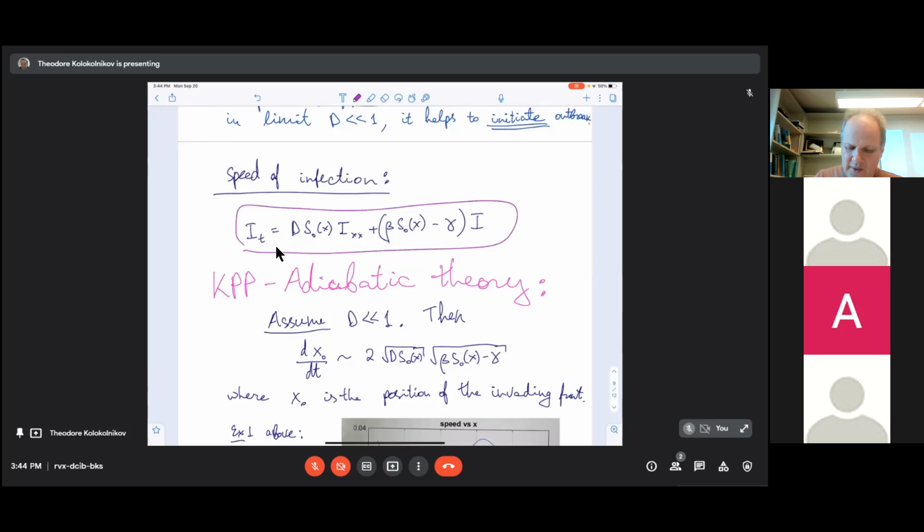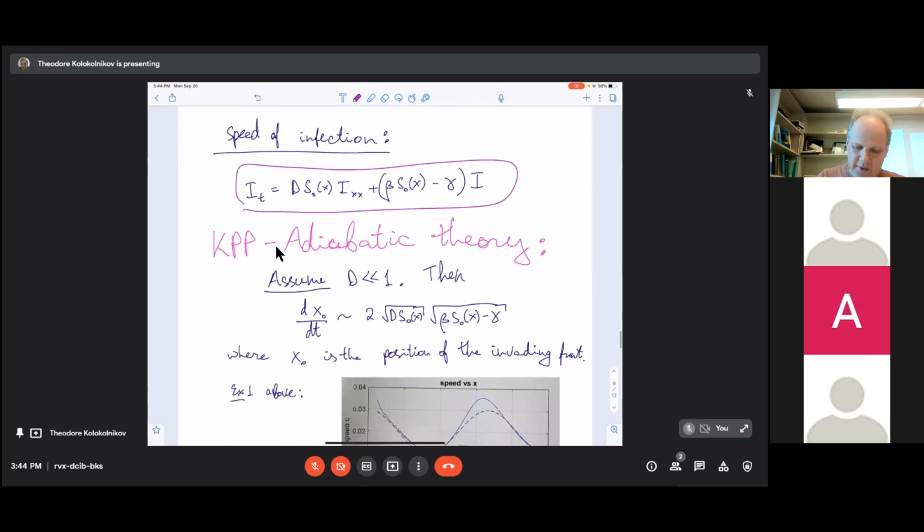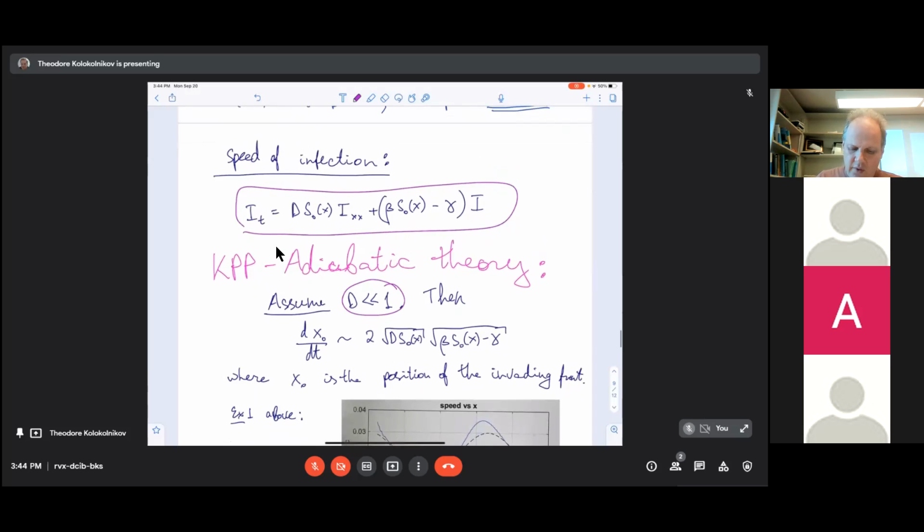One can use, in the limit where d is very small, kind of adiabatic theory, which basically means you just freeze the coefficients S0 of x. In the limit of d small, it turns out that the front propagates very slowly, and it's a very sharp front as well.